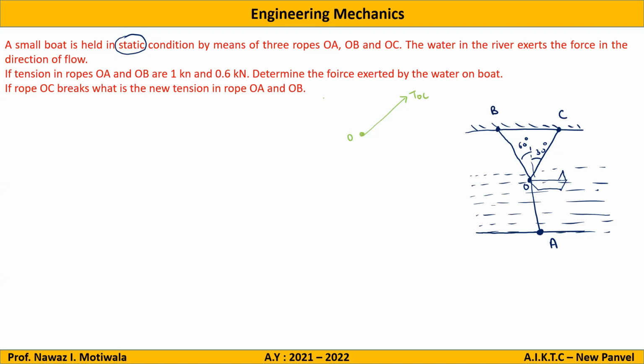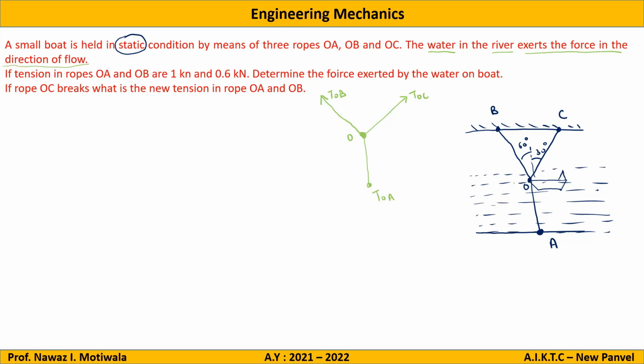Yes, one force is somewhere here, TOB. And one force is somewhere here, let us say TOA. Is it correct? Now read the whole question. A small boat is held in the static condition by means of 3 ropes, OA, OB and OC. The water in the river exerts the force in the direction of the flow.